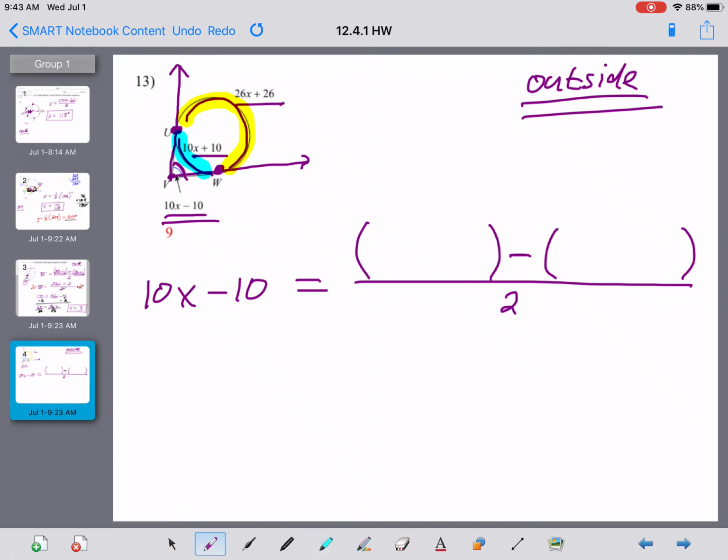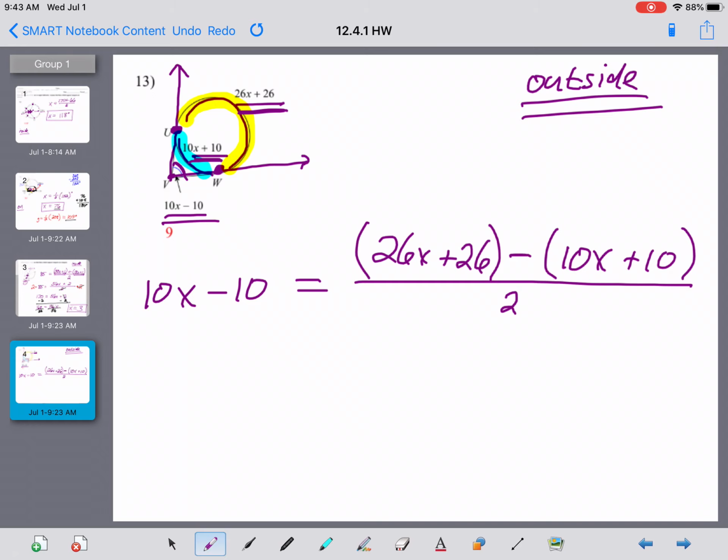So it's essential when we do this that we take the outer arc, the bigger one, the 26x plus 26 in this case, and we do that first, minus the smaller inner arc, which is going to be a 10x plus 10. If you do that backwards, guys, you're most likely going to end up with a negative value for x, which could be possible in some cases, but most of the time is not. All right, so let's see what we can do to clean up this, but that's our setup here.